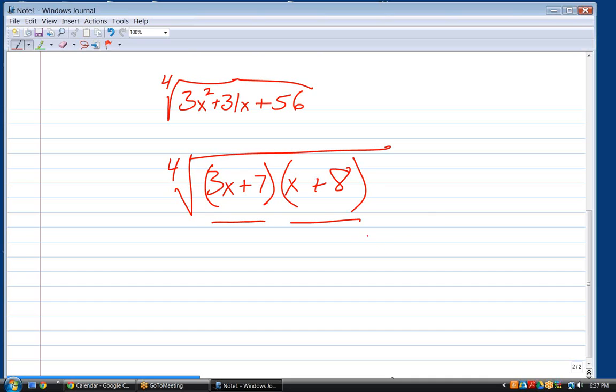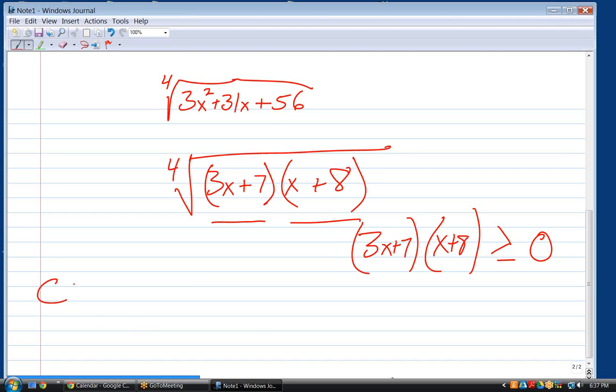So 3x plus 7 times x plus 8 has to be greater than or equal to 0. That's the one condition I know for sure. The product can't be negative. This could be negative and this could be negative, but the product can't be.